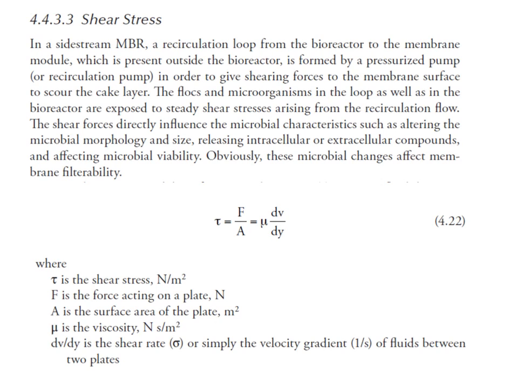And this equation shows how we can calculate shear stress in general systems. So this is actually the ratio between the force and area, and we can express this shear stress as a function of the shear rate, or velocity gradient, between two positions.